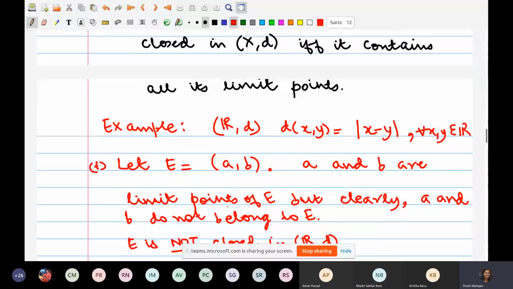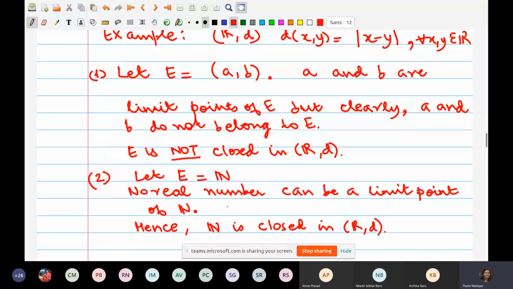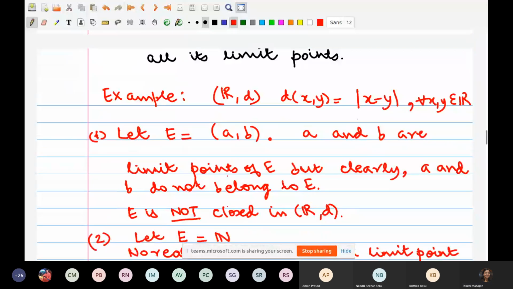So now off to example 2. Is this okay with everybody? We just discussed this. No real number whatsoever can be a limit point. So the question here is if it contains all of its limit points. I'm saying there are no limit points for this set of natural numbers. So this is closed in RD.